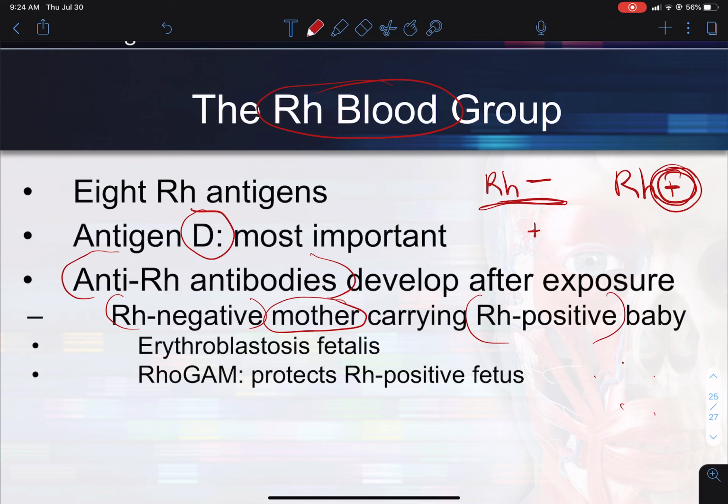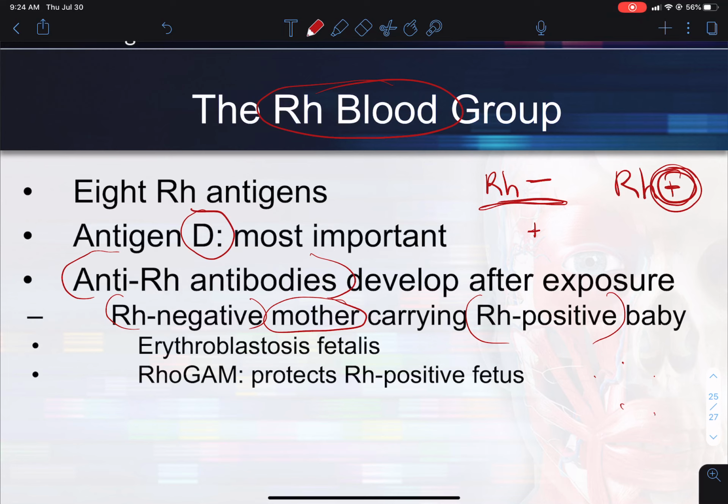So this is why it's really, really important to have good prenatal care, because this has to be taken care of as soon as possible. And then you have to be visited again a couple months later so that you can have another dose so that you don't attack baby.